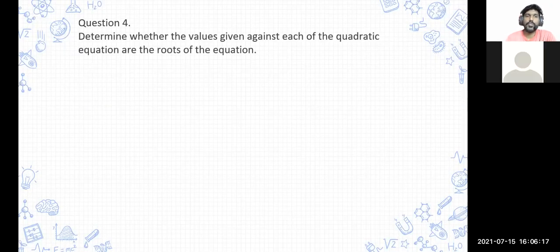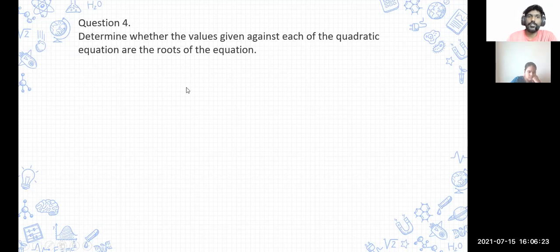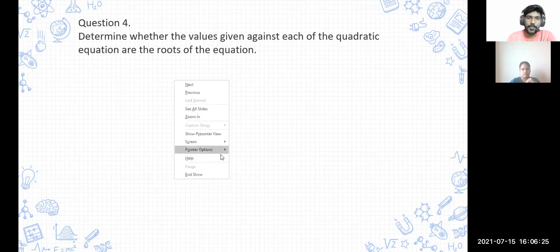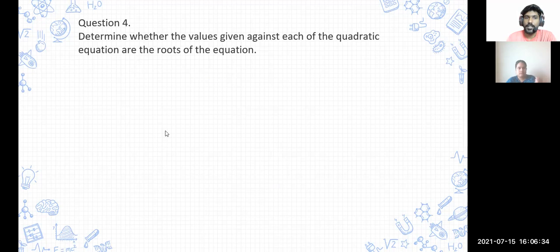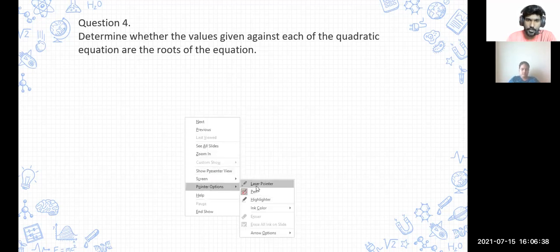Okay. So in the fourth question, you have to determine whether the values given against each of the quadratic equations are the roots of that quadratic equation or not. Now, roots means it has to satisfy. That means after substituting the values, you should get 0. So let's see the first one.